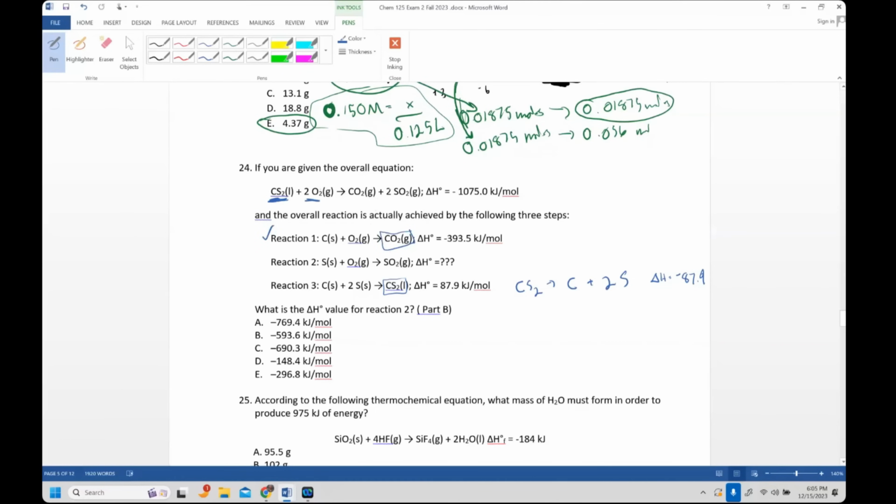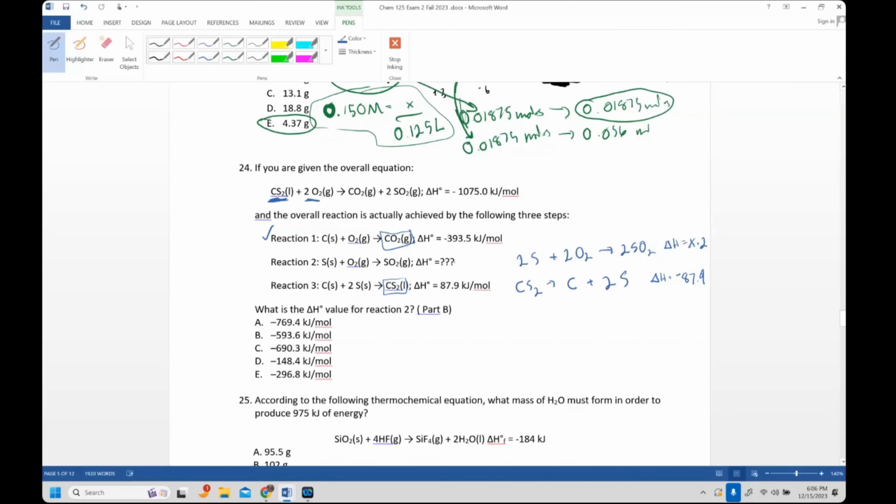So next, in the product, we have 2 SO2. Reaction 2 has 1 SO2. So we need to multiply this by 2. So we have 2S plus 2O2 yields 2SO2, and our delta H is going to be X times 2, or 2X.